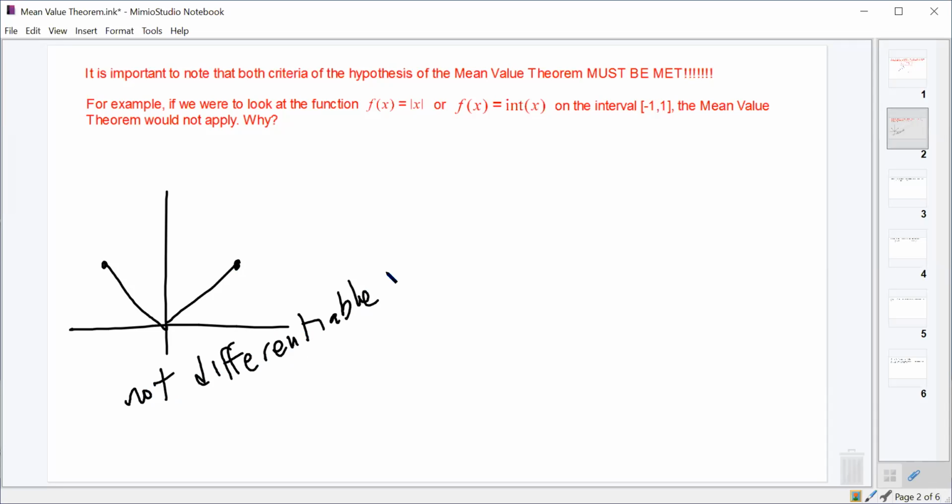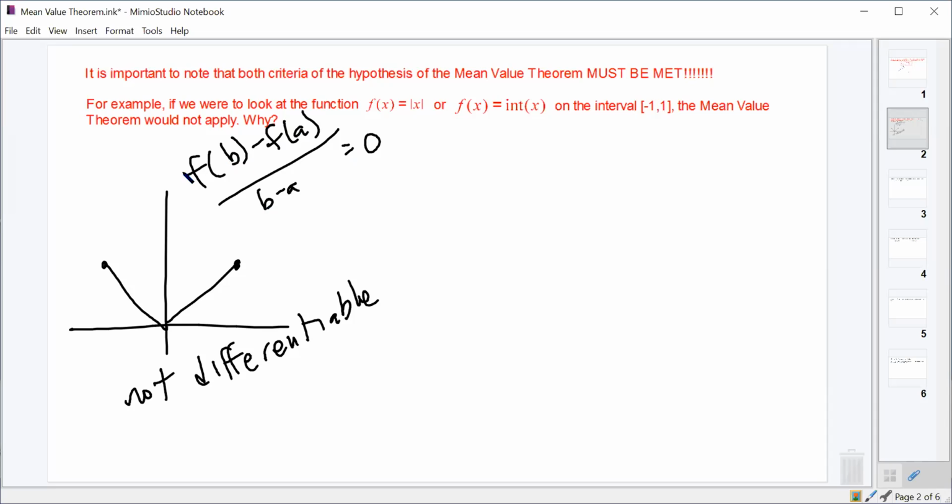And so what's the average rate of change between the value at x equals -1 and the value at x equals 1? It's a horizontal line, so that should be 0. The average rate of change of this function on that interval is 0.